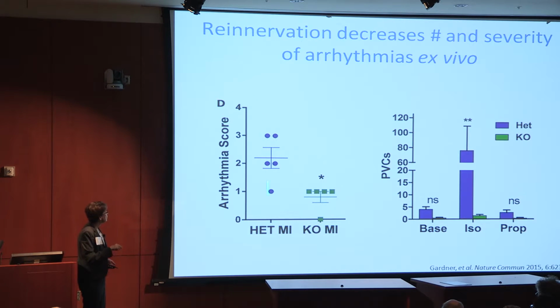And so what you can see is, and not surprisingly, when you're counting individual events, and you've got some hearts with ventricular tachycardia, the number of individual events happening in these hearts that were denervated was way higher than everything else. And again, in both genotypes, all those things were blocked by propranolol.